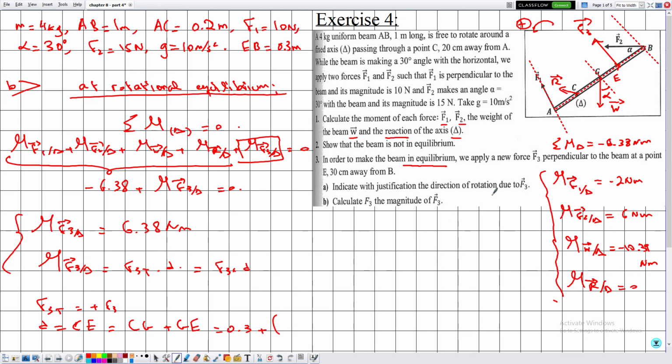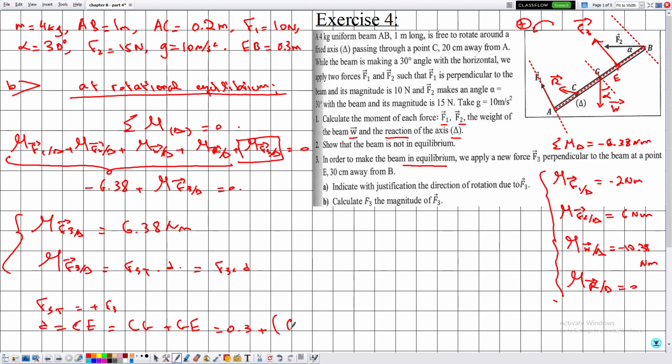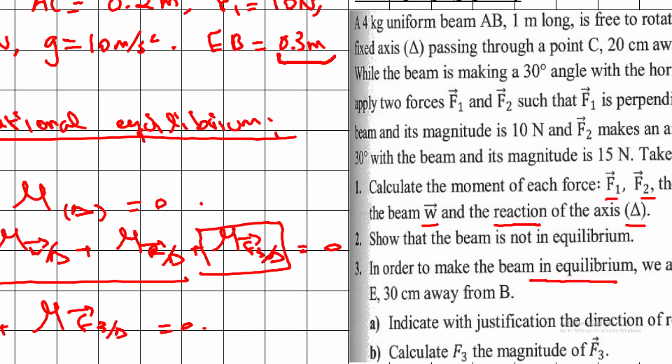Now, what about the GE? GE is the difference in the distances GB minus BE. And this is equal to 0.3 plus GB is AB over 2 and BE is given to be 0.3.